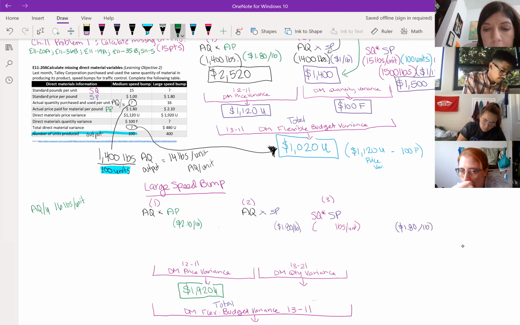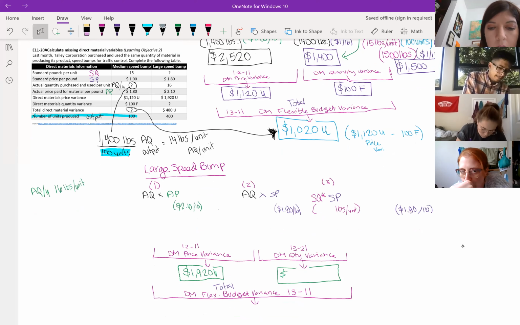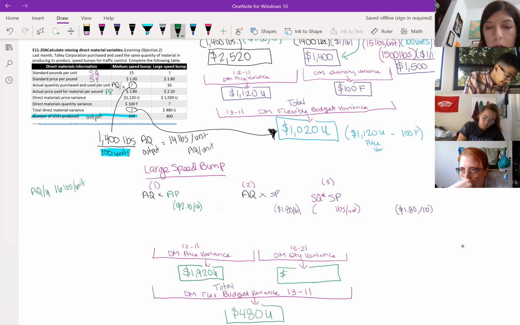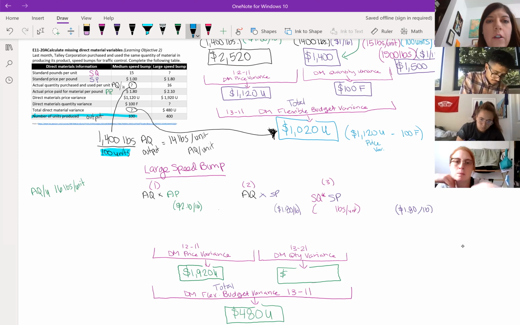We're going to solve for that. The total direct materials variance is 480 unfavorable. So at least they gave us that. So plug that in. And then number of units produced, our output was 400 units.